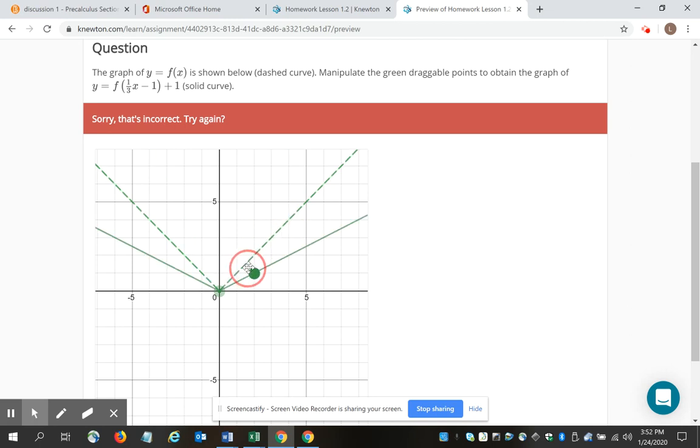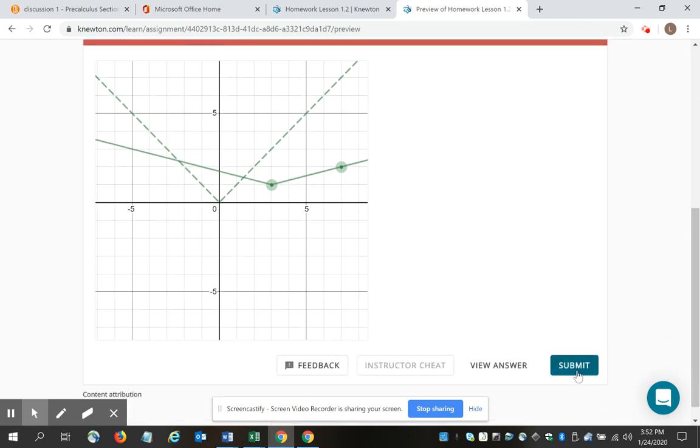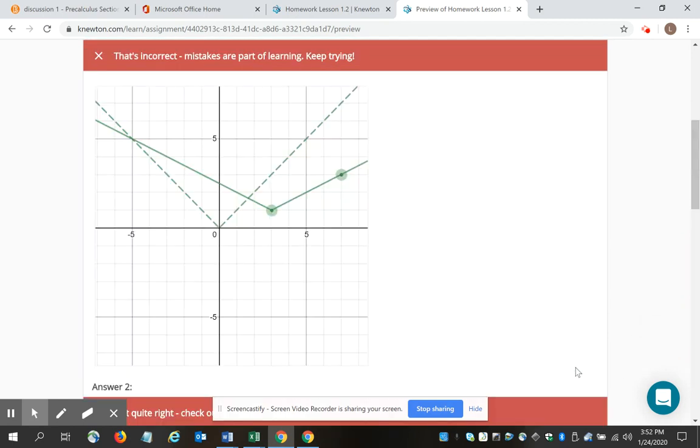So I'm going to go 1, 3, so I've stretched it, and then I need to go up 1, over 1. Okay, let's see. Now let's try. Oh, still didn't like me.